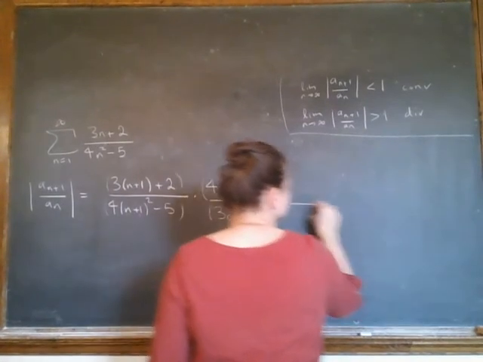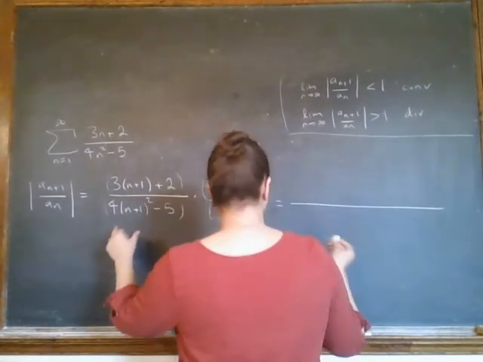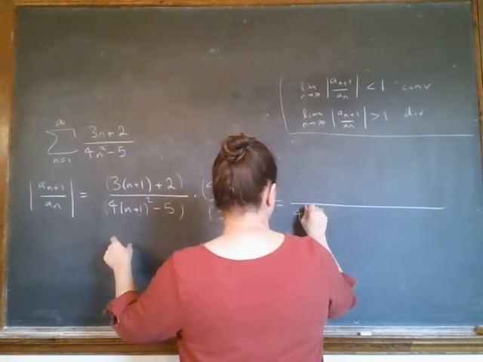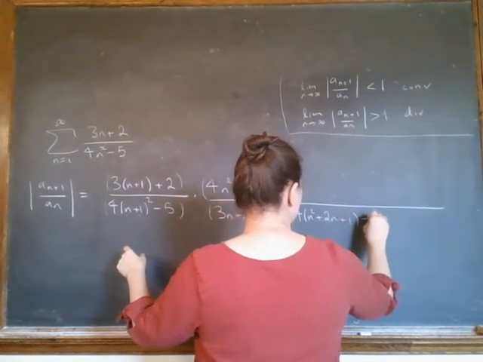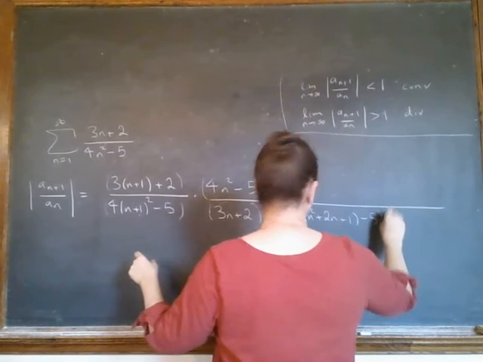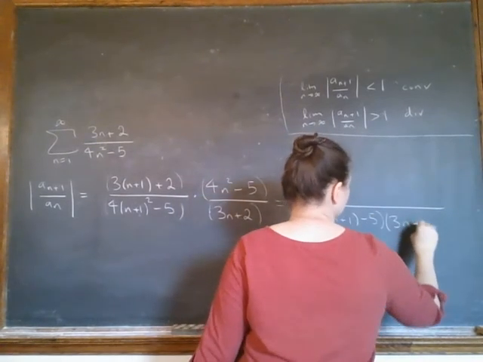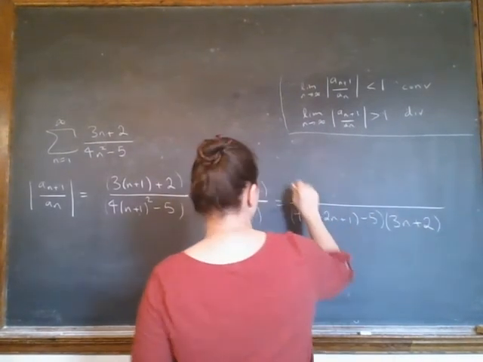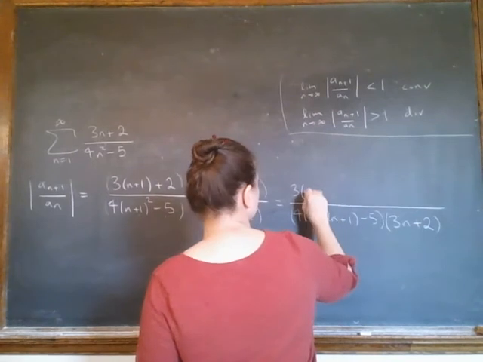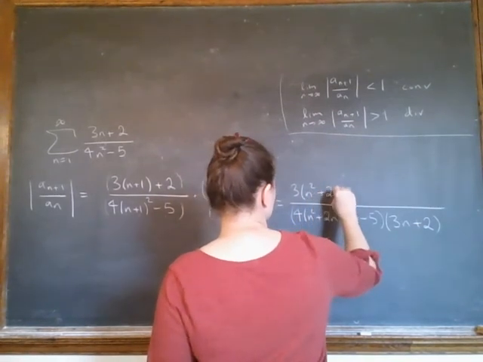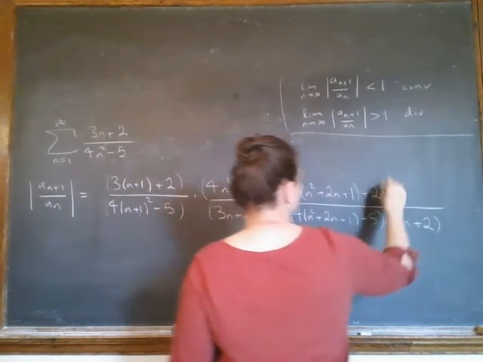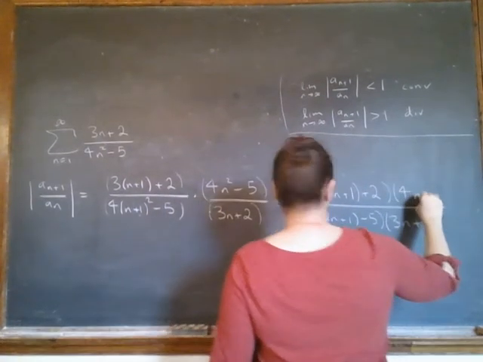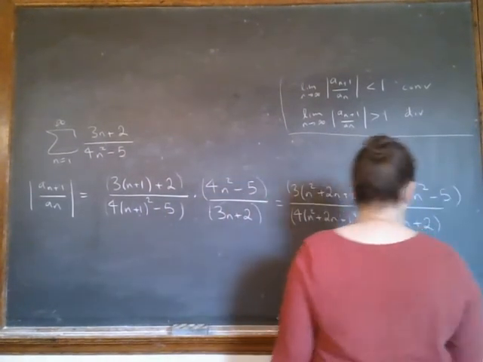Okay. So what do I have? I have 4n squared plus 2n plus 1 minus 5 times 3n plus 2, and on the top, I have 3 times n squared plus 2n plus 1 plus 2 times 4n squared minus 5.